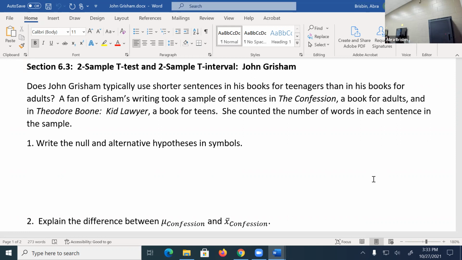I didn't know, do you guys be more specific than that? So what is the population in this case? All ones of... For adults. Yeah, so it needs to be all of his books for adults, or all the sentences in the confession. Okay, that's what we should say.